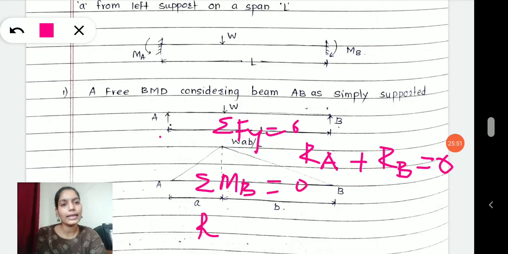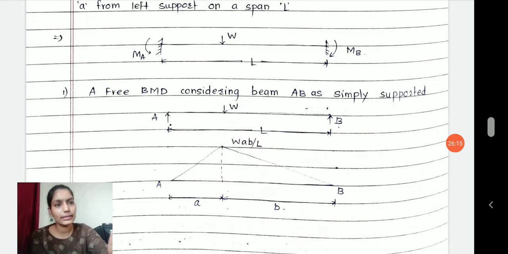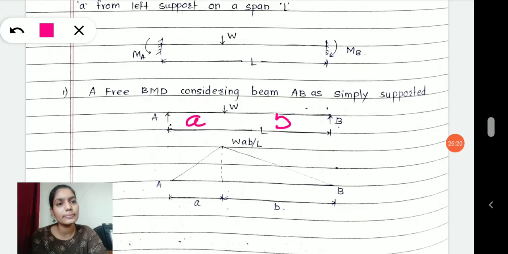Therefore RA into total distance L, that is making a clockwise moment, therefore I am taking it positive, minus W into L minus A. Okay, why L minus A? See here, I am taking this distance A, this distance B, and if I want to know this distance, it will be total L minus the initial distance A.